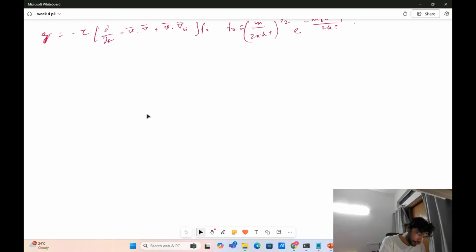There is also a number density, so this is for one particle. If we have n particles, this will be multiplied by n.